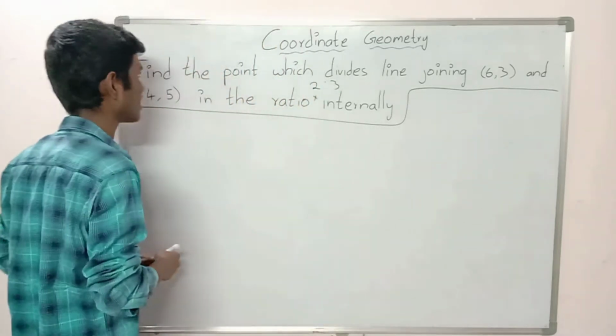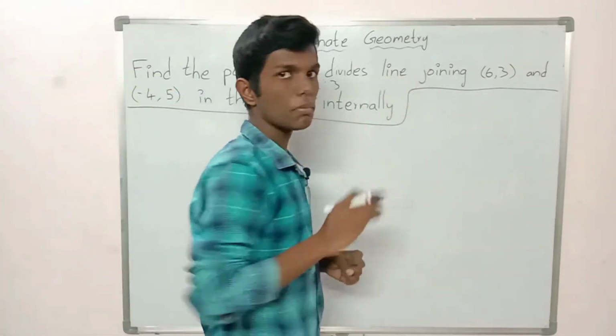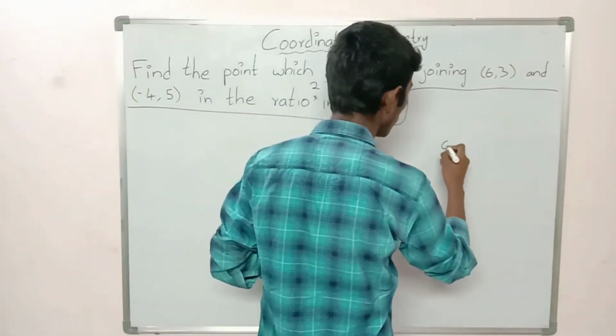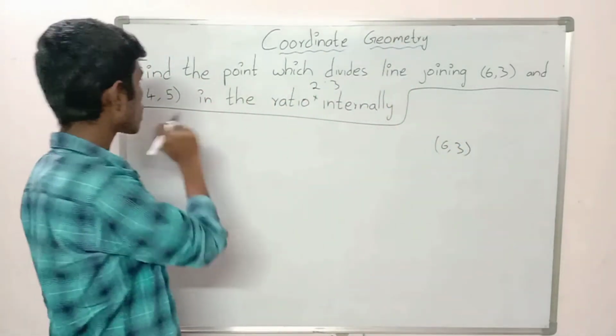Coming to the solution. The first step you're going to do is write the points 6, 3 and -4, 5.